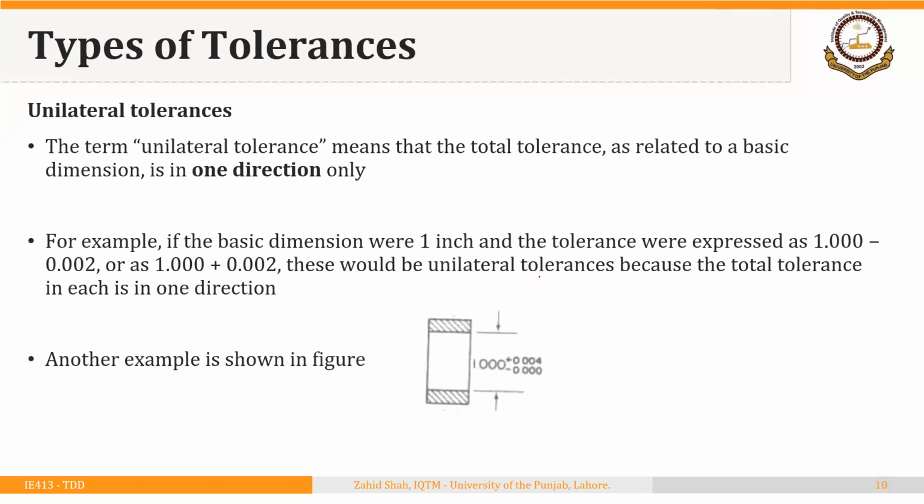Now, there are two types of tolerances, as we have already seen. The term unilateral tolerance means that the total tolerance as related to a basic dimension is in one direction only.